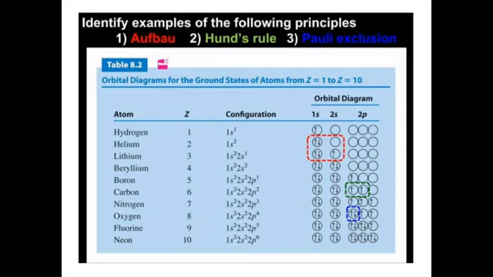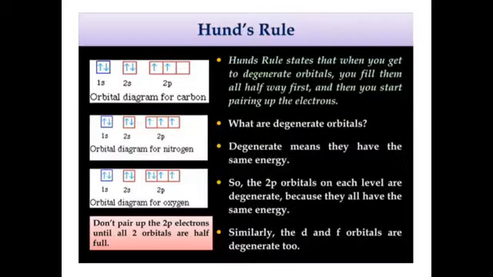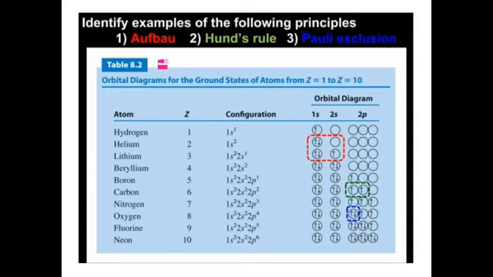You fill the one with lower energy level first before you go on. You start with the lower energy level, that's 1s. Now when it comes to Hund's rule, we look at carbon, where you are going to fill singly before pairing. You observe that in carbon they fill it singly before they start to pair.